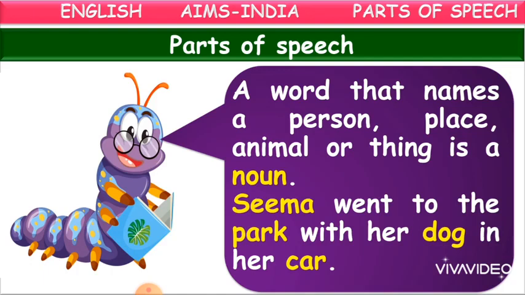Have you seen the words highlighted in yellow? Seema, park, dog, car. These highlighted words are nouns. Seema represents a person, park is a place, dog is an animal and car is a thing. So a word which names all these is called a noun.